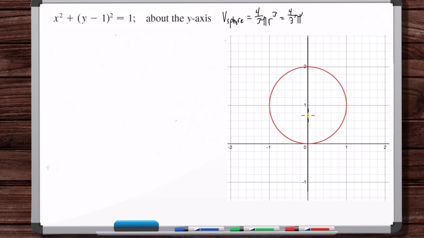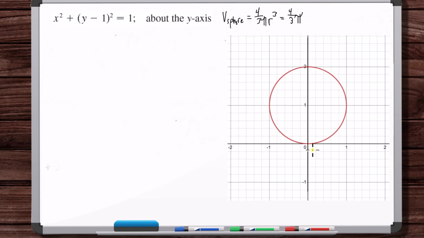Oh, okay, yeah. What we do with cylindrical shells is we would treat x as the independent variable and then rotate about the y-axis. And I guess we would just integrate from minus 1 to 0. And that's pretty confusing.